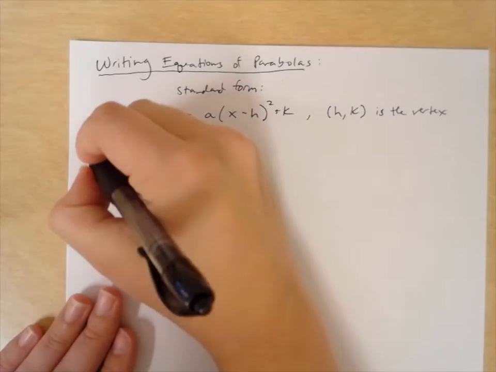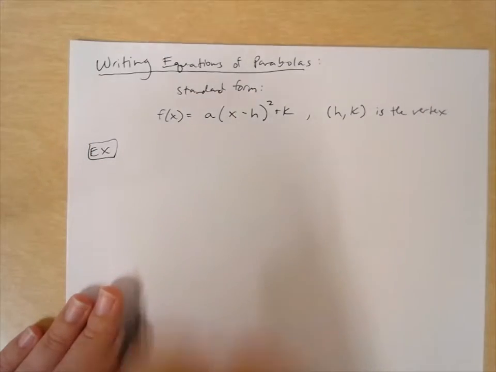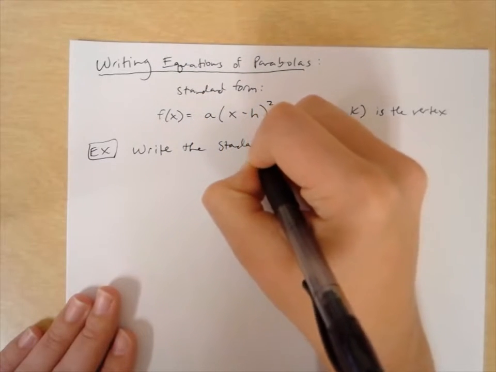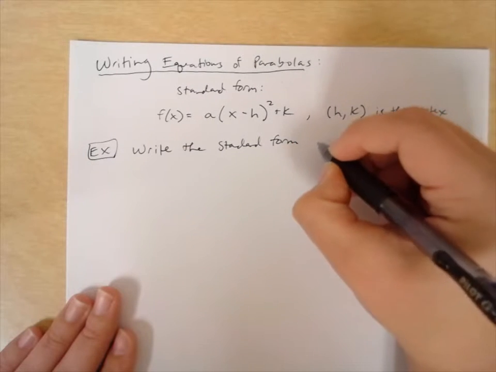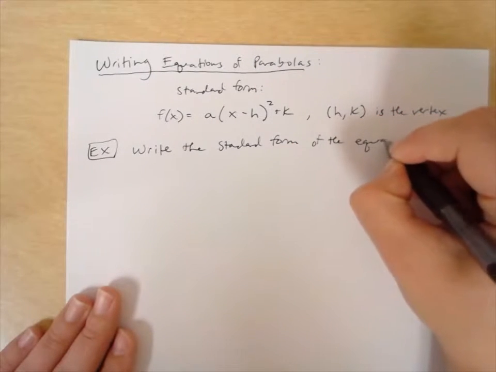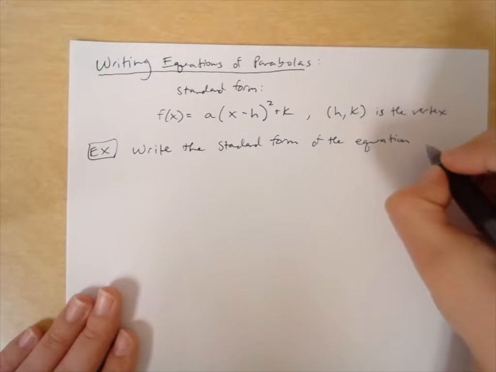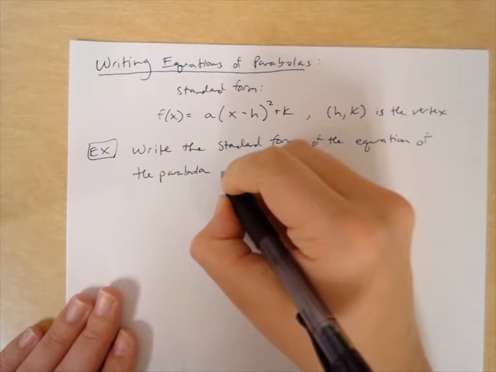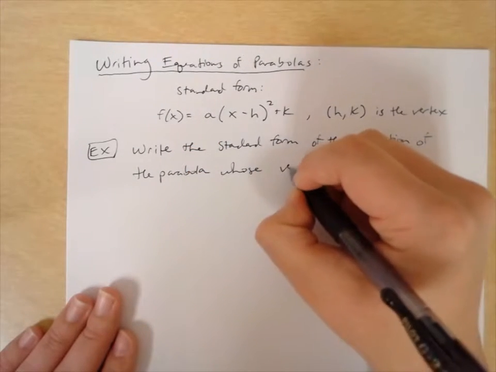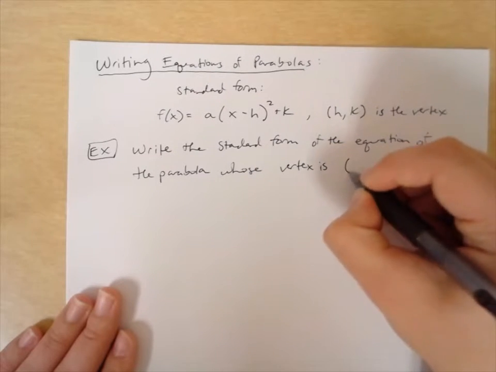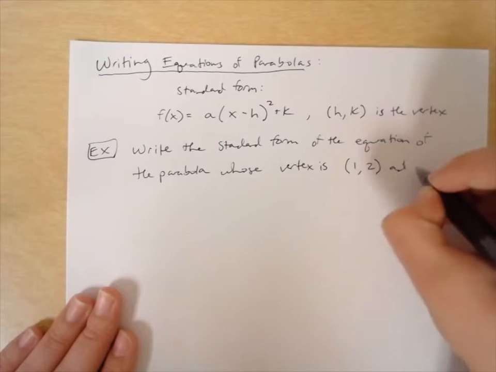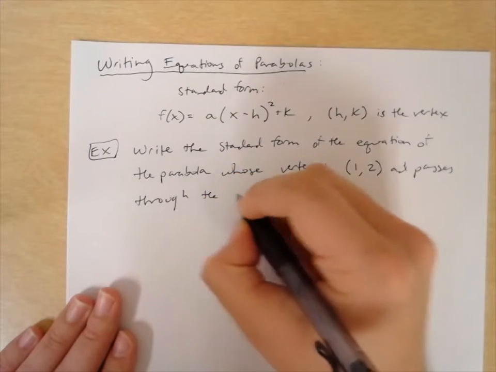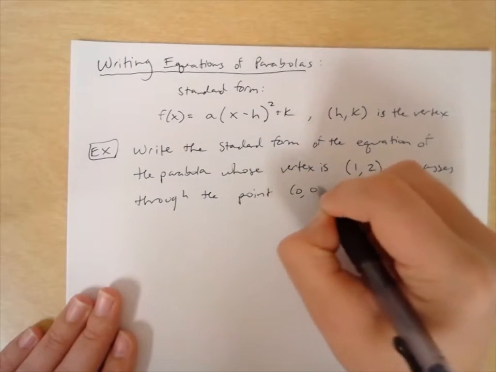So if we're to do an example of this, you could be asked to write the standard form of the equation of the parabola whose vertex is 1, 2, and passes through the point 0, 0.